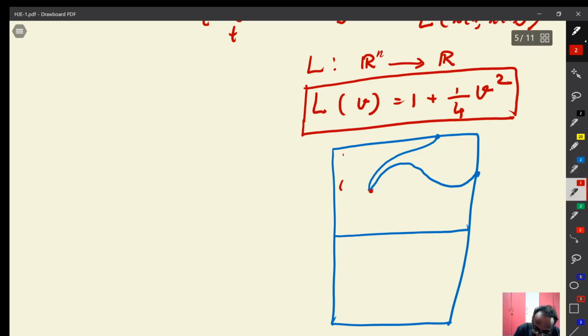So this is your x t. I will connect these 2 points with a linear trajectory. This is your trajectory x of s, and I call this linear trajectory x tilde of s, which is linear.